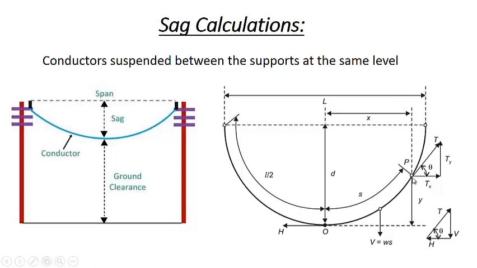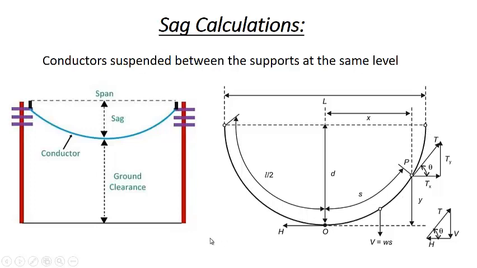So let's say this point is P, (x, y), and at this point we know that the tension will be perpendicular to this curve, and let's assume this tension is T, and S is the length of this conductor from O to P. The total length of this conductor, which will definitely be greater than the span, is defined as capital L, and the total length of the conductor, you can see from here to here it is L by 2, that means the total length will be small l.